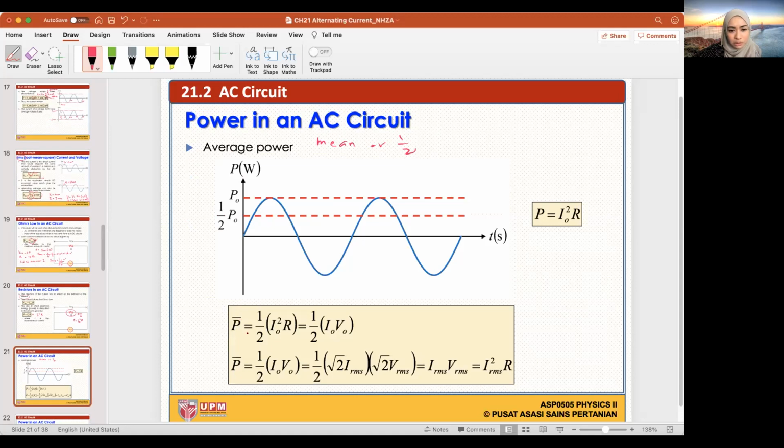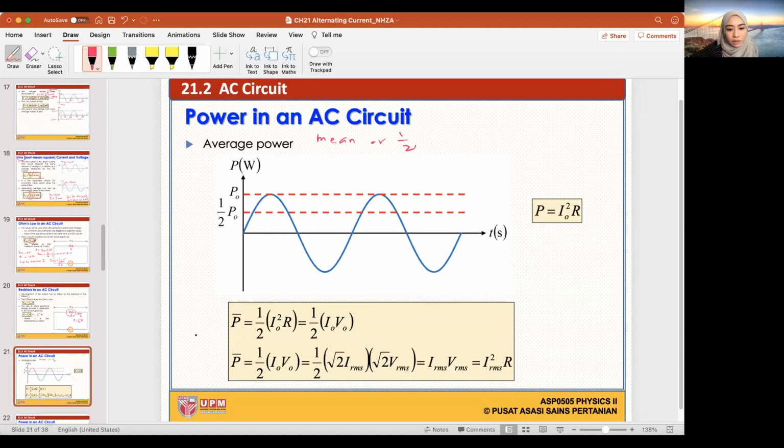This is the graph of P, and this is the symbol for average power: 1 over 2 I naught squared R. This is the average. Tadi kita tengok P equals I naught squared R. This is the average, 1 over 2 I naught squared R, or IV, or V squared over R.